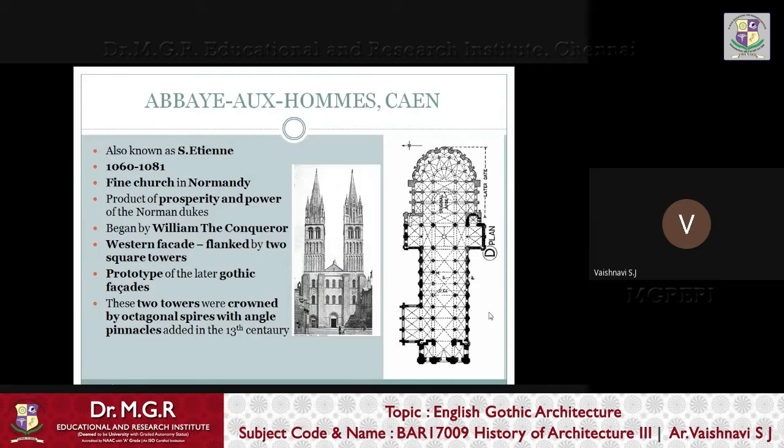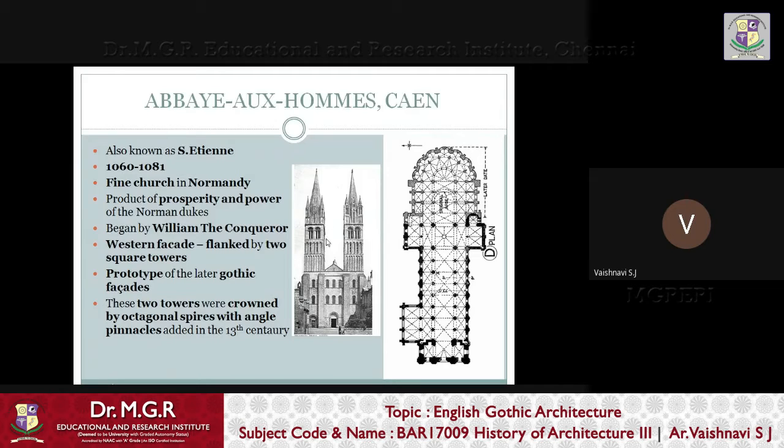It is a church found in Normandy, and it is a product of the prosperity and power of the Norman Duke, as the period was ruled by Normans. It was started by William the Conqueror, and you can see the western facade is flanked by two square towers, and it became the prototype of Gothic facades in the later period.